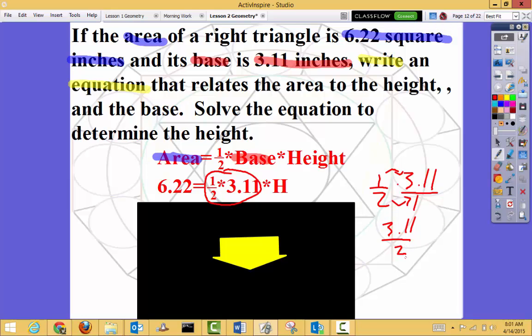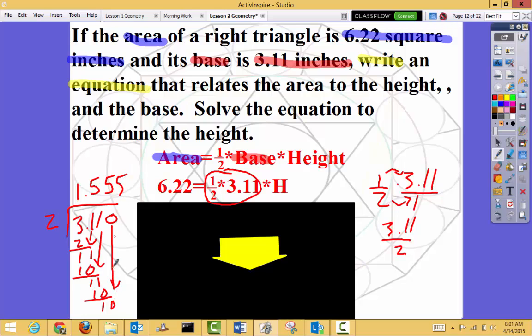I can't have decimals and fractions, so now I need to divide. So it's 3.11 divided by 2. This goes in 1 time. Bring that decimal up. Goes in 5 times. Bring that 1 down. This goes in 5 times. I need to add that 0 because I've run out of placeholders. And it goes in 5 times with no remainder.